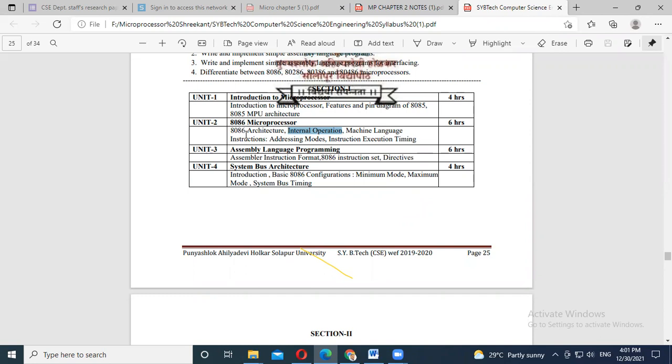Those are the components of 8086 we studied in the architecture. Now we will move to the internal operations of all these components, or functionality, or we can say working. That is nothing but the internal operations of 8086.